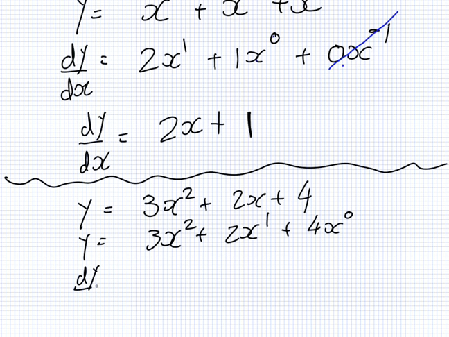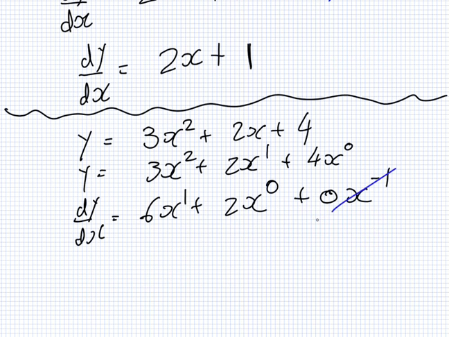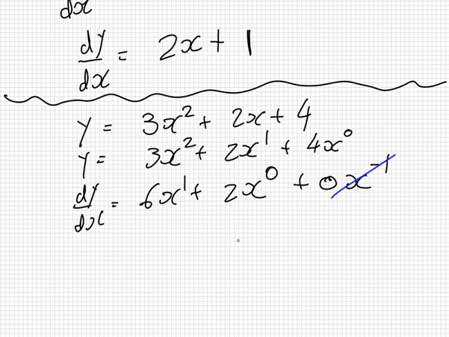So the derivative, yeah, the 3 multiplies the 2. So it's 6x1 plus 2x0 plus 0x minus 1 because 4 multiplies 0. This is gone. And what's this here? 2. And this one here? 6x. So the derivative is given by this.